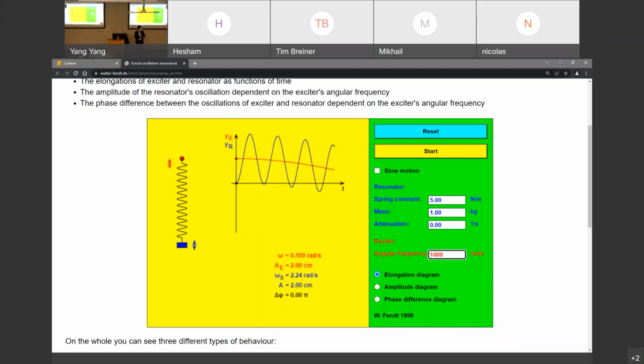Barrington, what would you expect over here? Okay, a combination of multiple sine waves. Many sine waves. Okay, just sine waves, right? So online students, what would you expect over here if we have a very high frequency for the exciter?